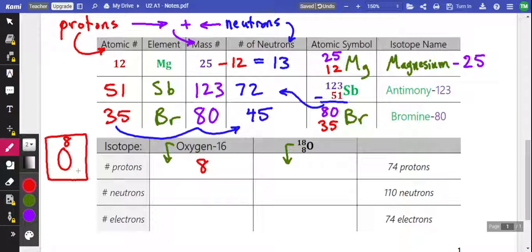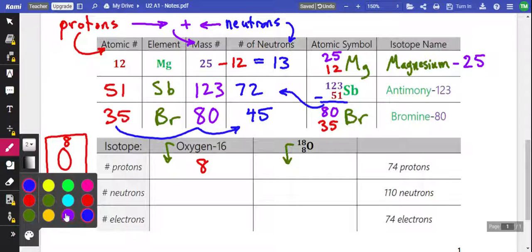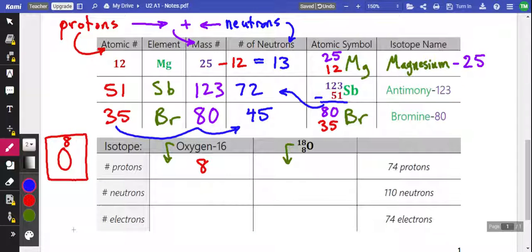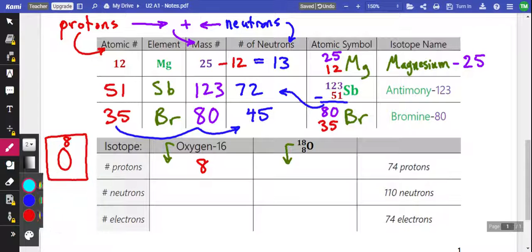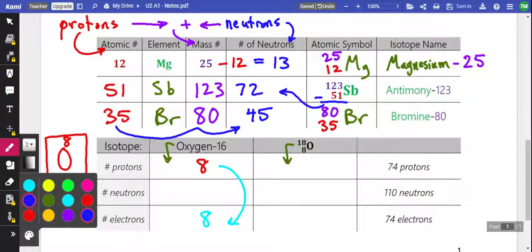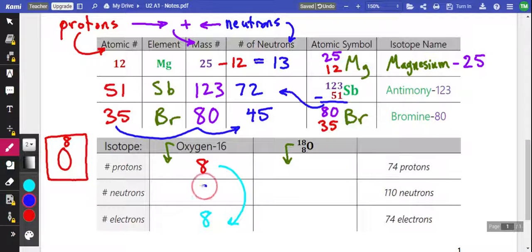So that's its number of protons. The number of electrons must match that number of protons. Since I'm using blue for neutrons now, I guess I got to pick a different color for electrons. So I'll do a light blue for electrons. Whatever my number of protons is going to match my number of electrons. And my number of neutrons is just however much is left in my mass number. I've got 16 protons plus neutrons. 8 of those are protons. The other 8 must be neutrons.